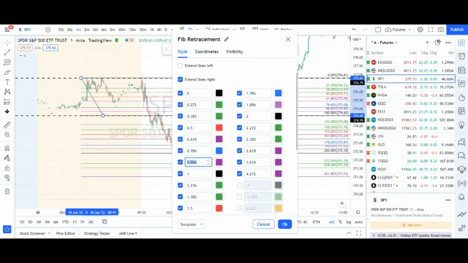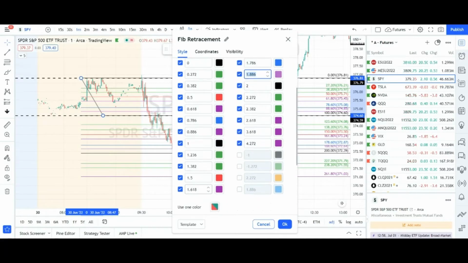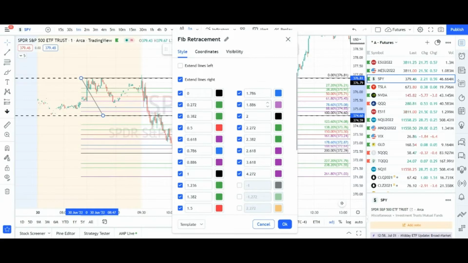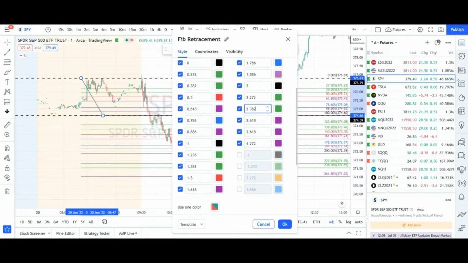And if that 88.6% level breaks, then the next target can be 1.886 or 1.618, which you can find here. So all of my 61.8 and 88.6 levels are the same color. If the market breaks 1.886 or 1.618, then the next target can be 2.618, and then 3.618 and 4.272.